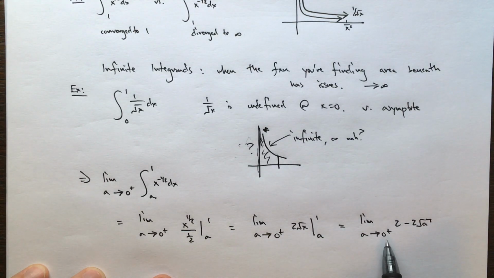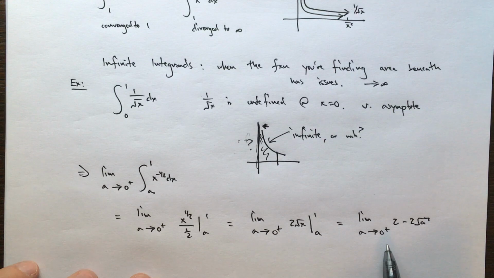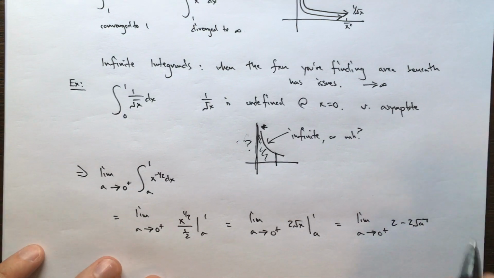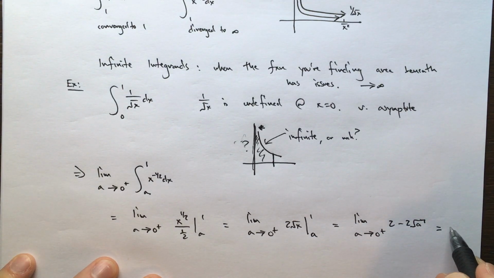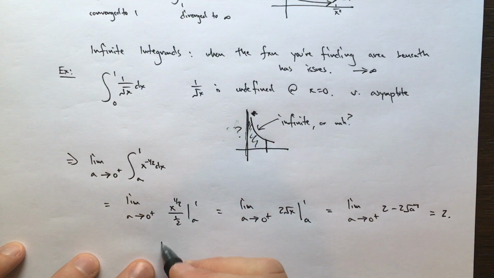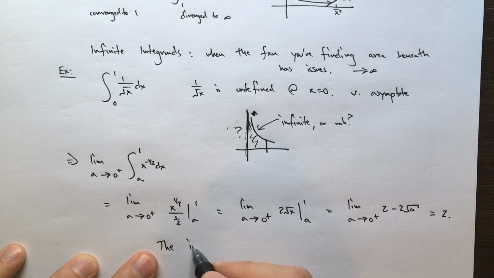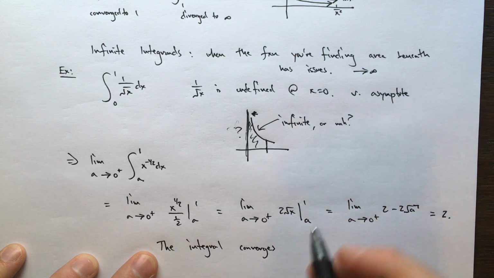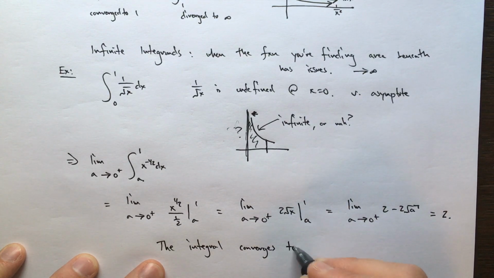And now I need to figure out what this limit is. If I plug 0 in here from the right, this is just approaching 0. So that's no problem. So this just actually equals 2. So what we could say is the integral converges. And furthermore, we can say the integral converges to 2.